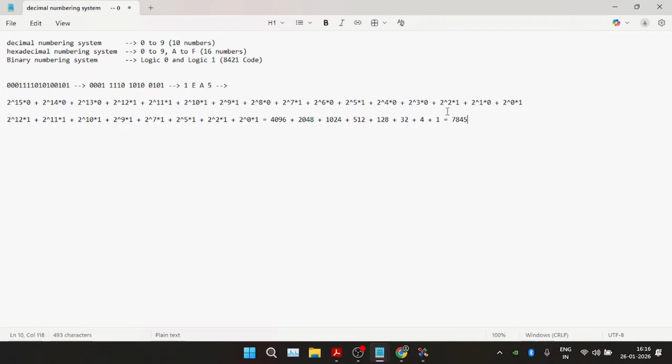So this is the decimal value which is equal to 1EA5. So 7845 is the decimal value.